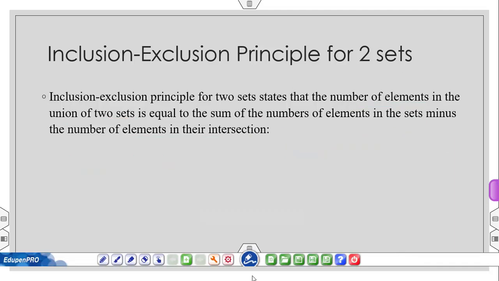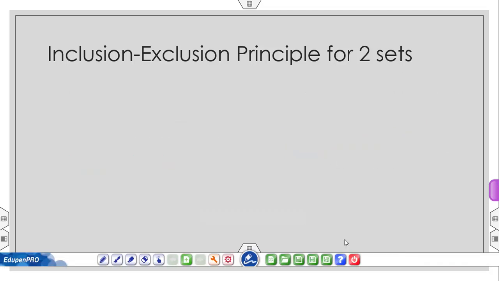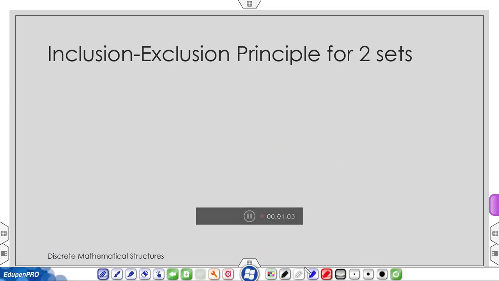Now we can see using a Venn diagram how this formula is achieved. So, let's say this is our universal set.